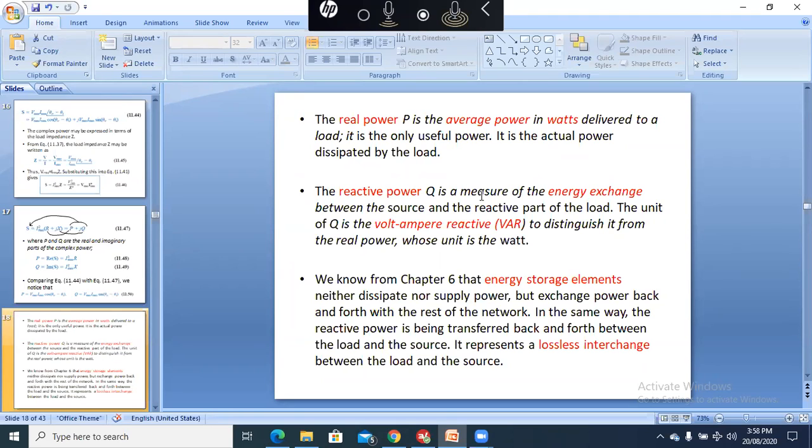So they are contributing to the energy exchange, and that is expressed in volt ampere reactive. So we can call the sum of these two powers the complex power.